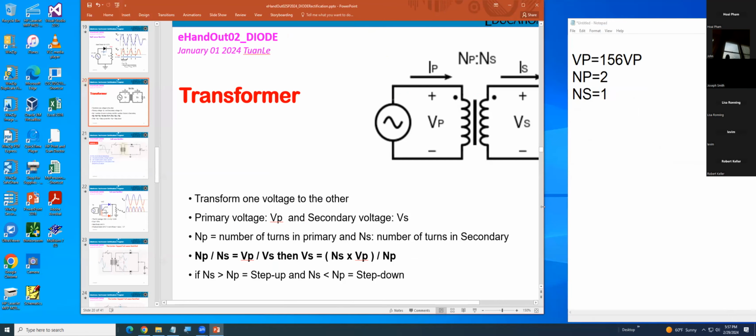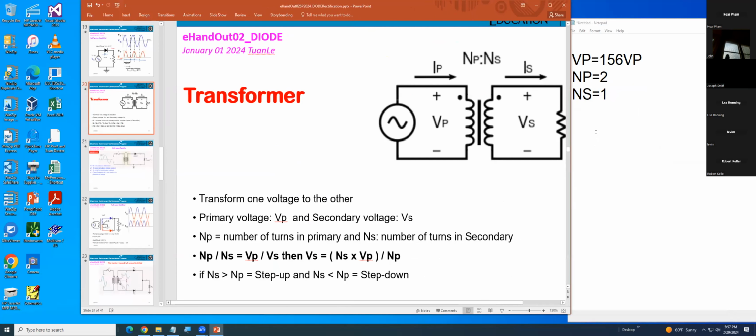VS equals NS times VP over NP, sorry, NP. Yes, because we want to find out what VS is.